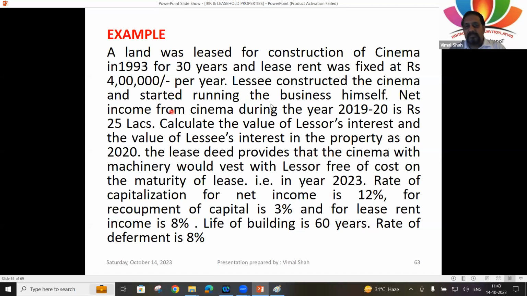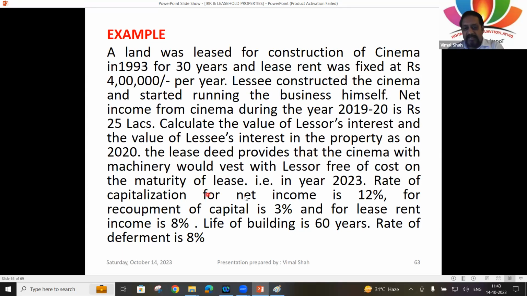Net income from this cinema during 2019-2020 is rupees 25 lakhs per annum. Calculate the value of lessor's interest and the value of lessee's interest in the property as on 2020. The lease deed provides that the cinema with machinery would vest with the lessor free of cost on the maturity of the lease, that is in year 2023.